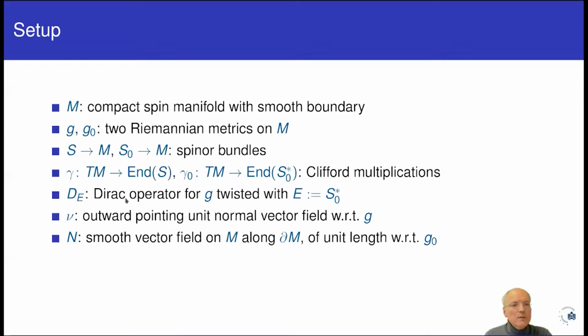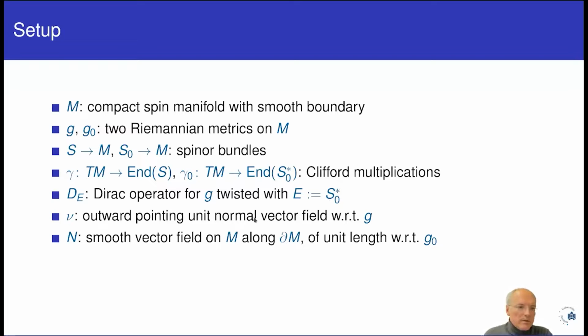We look at the Dirac operator for the metric g, but we twist the spinor bundle for g with the spinor bundle of g naught, or rather the dual of the spinor bundle of g naught. So the sections on which this operator will act are sections of S tensor S naught star.